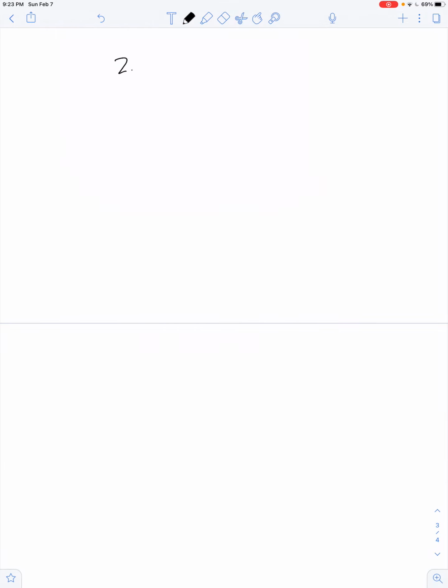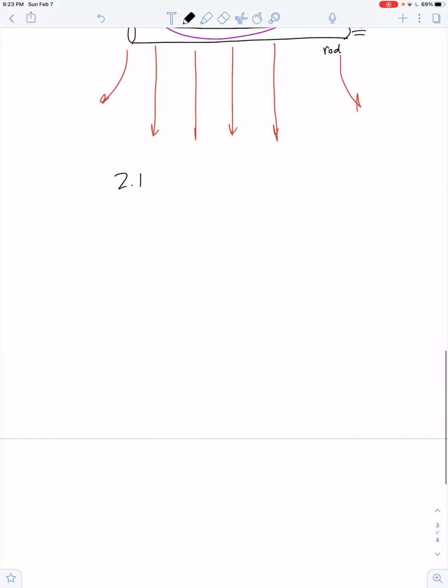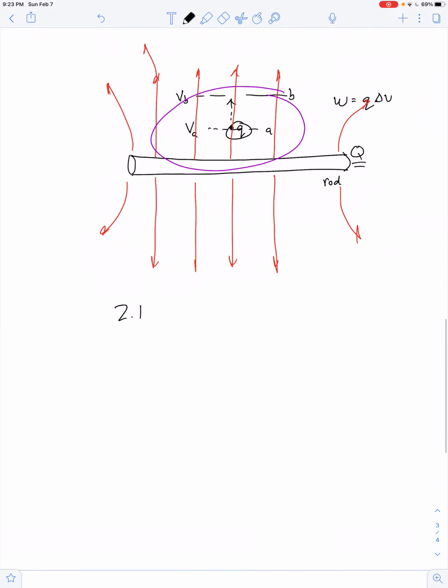So in this unit of study 2.1 on electric potential, we'll often be interested maybe in questions that go a step further and even say, if the charge was released from rest at point A, how fast would it be moving when it gets to point B? All right, there's a couple ways to do this.